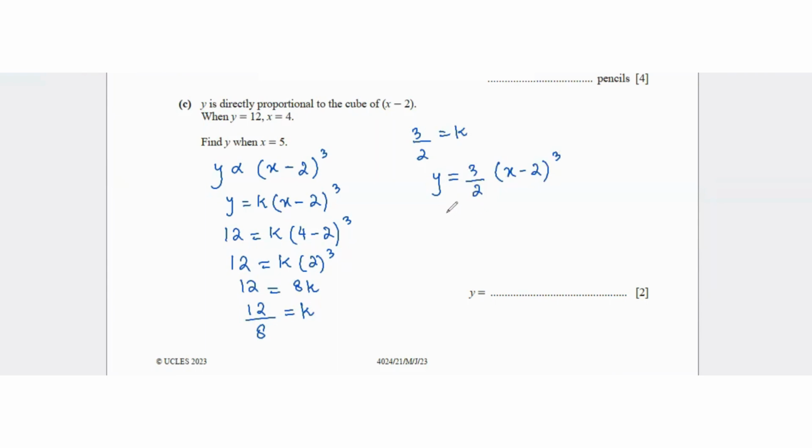Substitute the value of x into x minus 2 cubed. So that's going to be 3 to the power of 4 over 2. So that is 81 divided by 2, 40.5. That is your value of y.